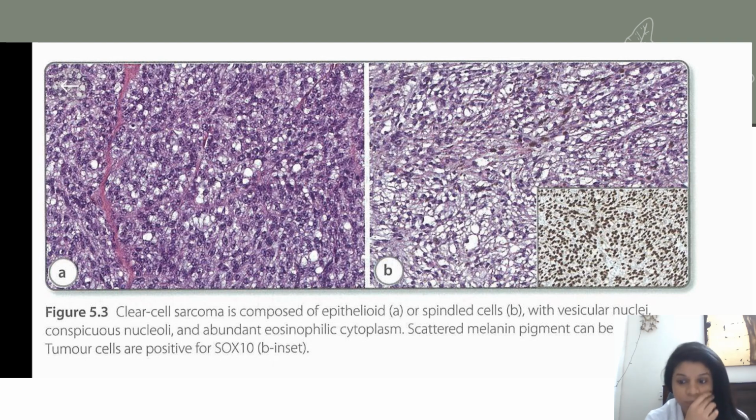Histologically, they show epithelioid to spindle cells with abundant clear, glycogen-rich cytoplasm. They can show melanin pigment as well, which is why they were called melanoma of soft parts, and these melanin pigment areas show SOX10 positivity.